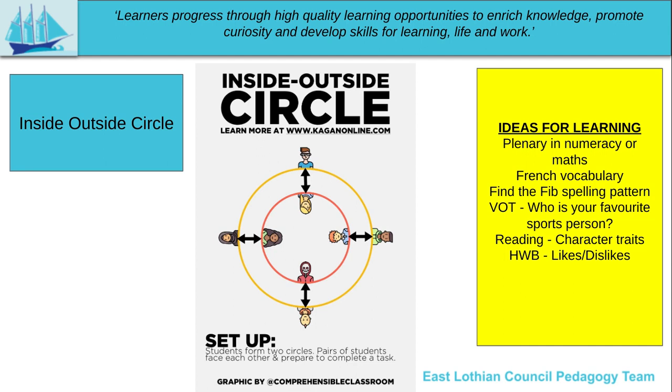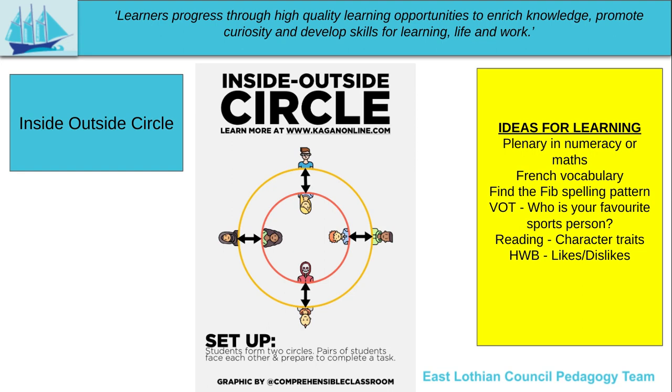Once the children have had the opportunity to think about the question or the statement, then you get them to share. So you ask the inside circle to share their responses with the classmate facing them in the outside circle. When they've done this, you ask them to say pass, at which point their partners in the outside will share their responses.